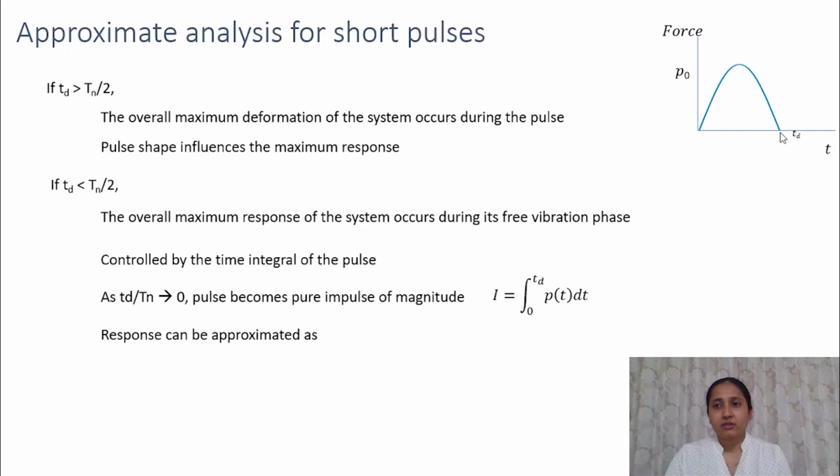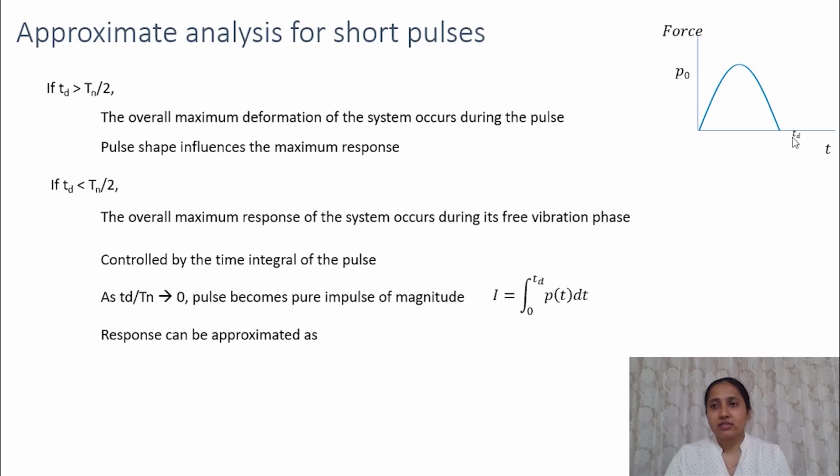So if Td tends to 0, then this pulse will become equivalent to a pure impulse. Impulse, as we discussed earlier, is force acting for a very small time.